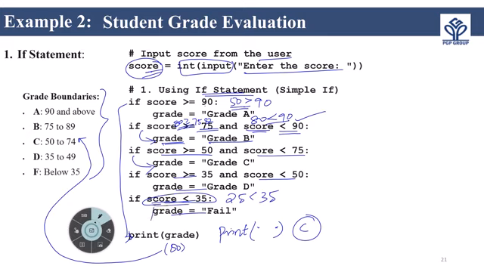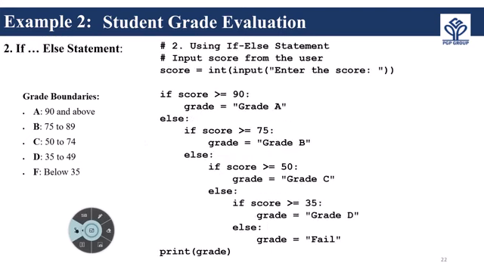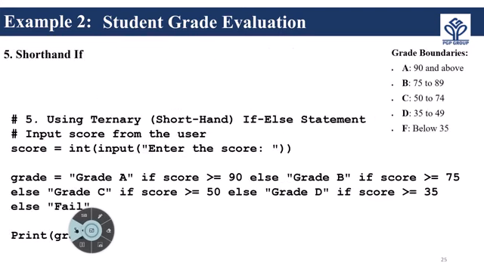Already we said below 35 our grade is F, but we are reassigning the grade as fail. When we get 25 marks, below 35 marks, the grade is fail. Clear? These are the same concept but different examples we are using.